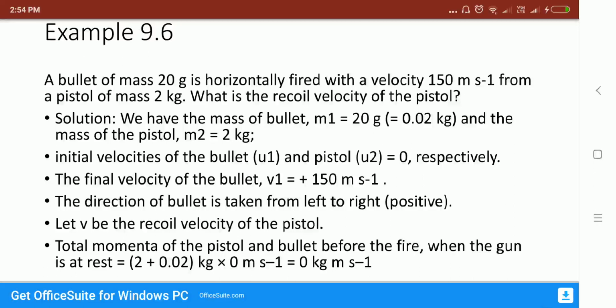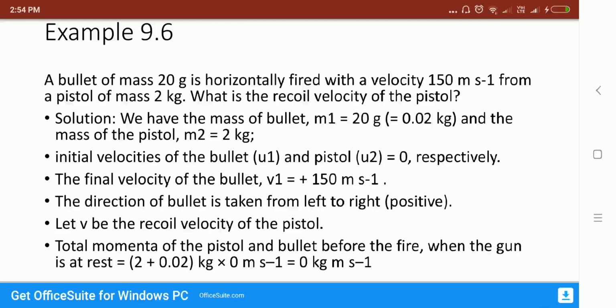Initial velocity of the bullet is 0 and initial velocity of the pistol is also 0. After the gun is fired, the final velocity of the bullet is 150 meter per second. The direction of the bullet is, for example, left to right, the positive direction. And V is the final velocity of the pistol that we need to determine.